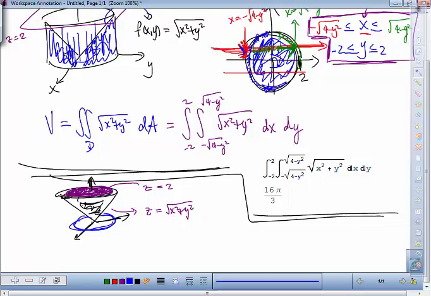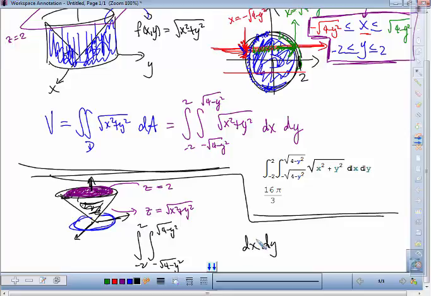So then this integral here would have the same limits, but your integrand will be a difference between two surfaces.